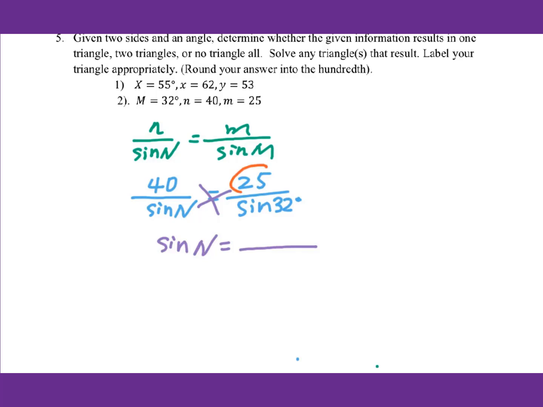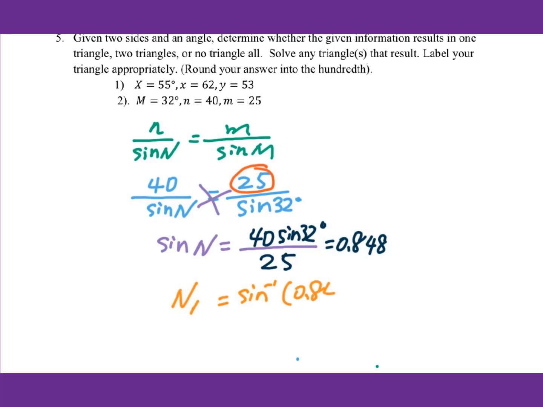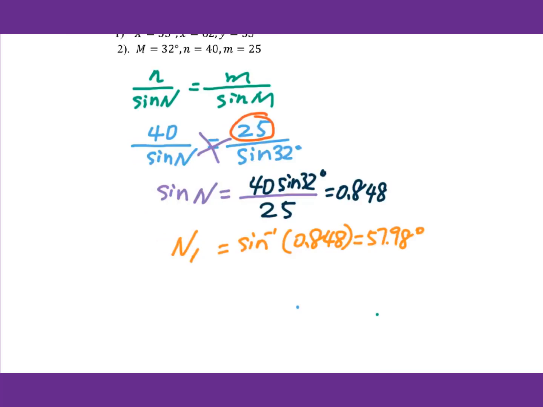That means this 25 goes to denominator. Then 40 times sin 32 degrees. We got 0.848. So N1 equals inverse sin of 0.848 equals 57.98 degrees. N2 equals 180 degrees minus N1 equals 122.02 degrees. That's for N2.